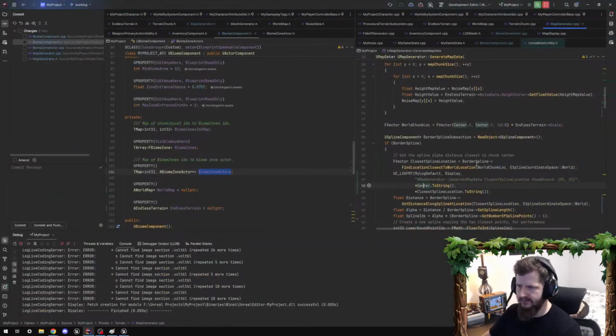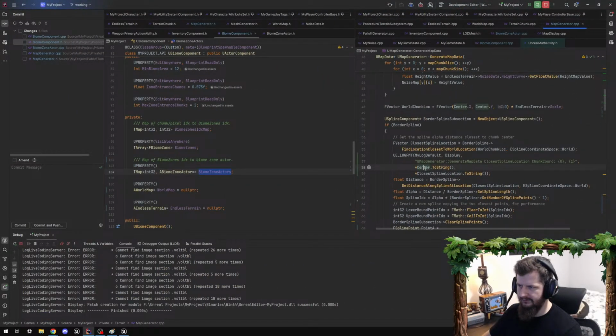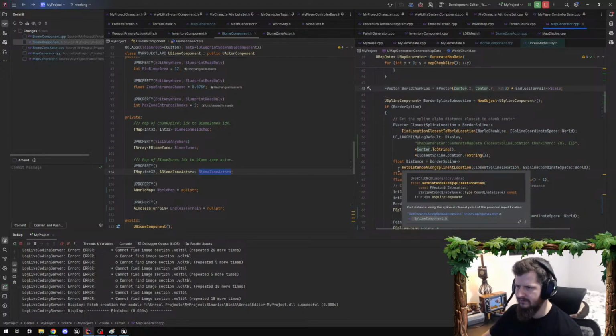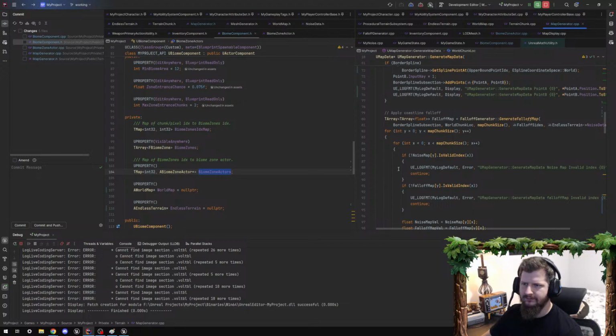Okay, so I need to add some more. I don't know why this center is so weird. Because it was logging at like 480, which is not accurate.